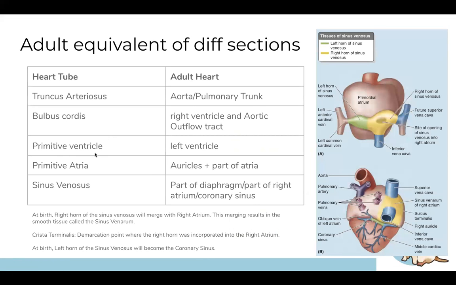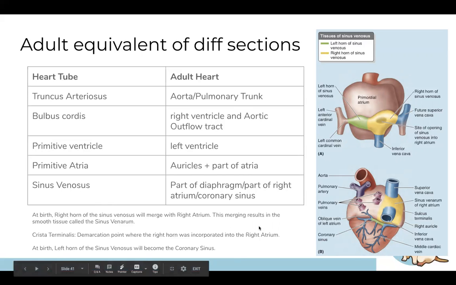Your primitive ventricle becomes the left ventricle. The primitive atria become the auricles and a little part of the atria, and the sinus venosus becomes a bunch of different things, essentially like your coronary sinus and stuff.